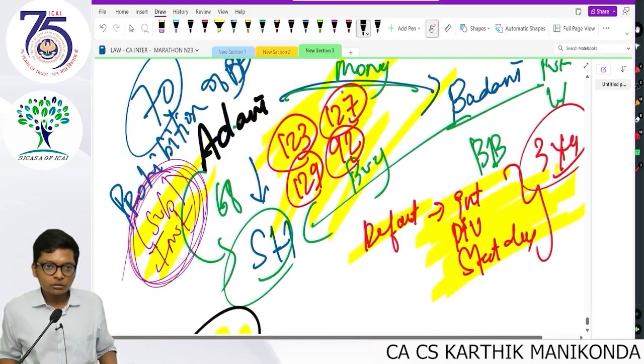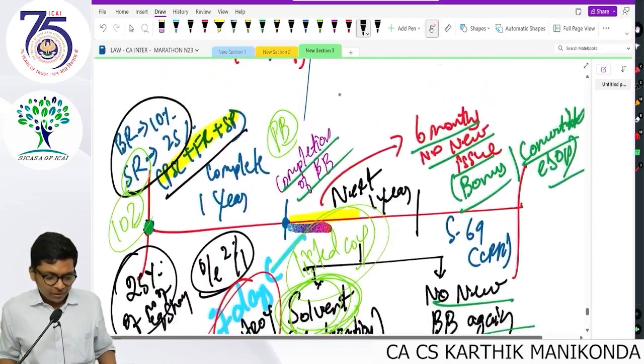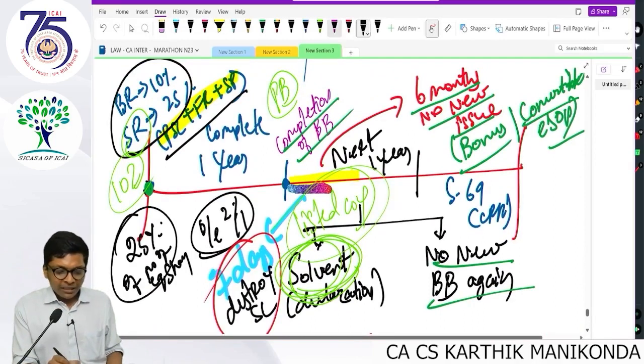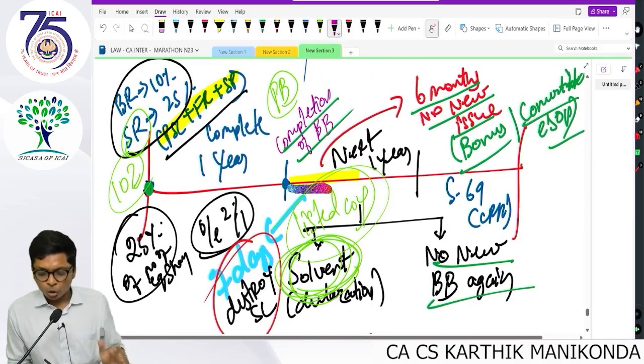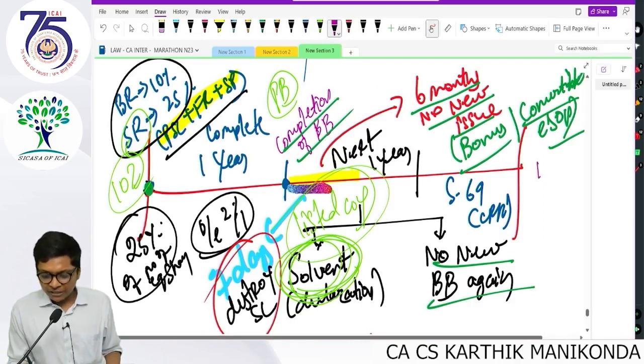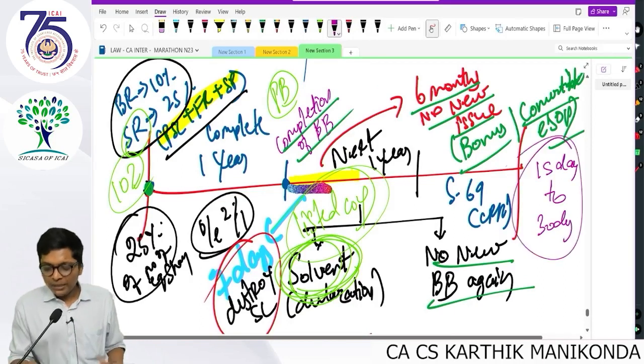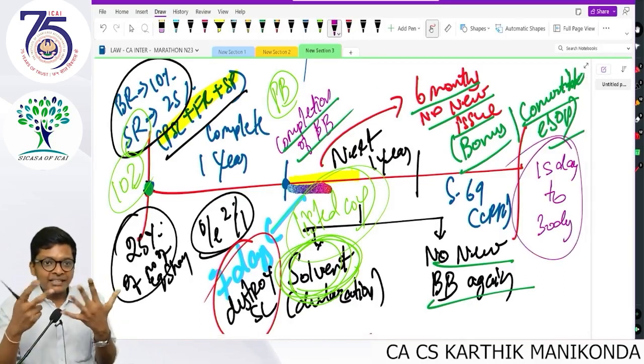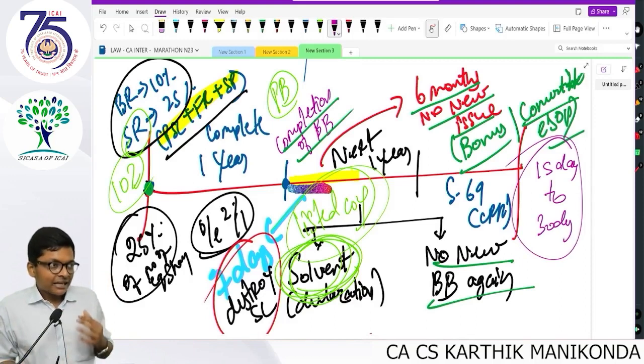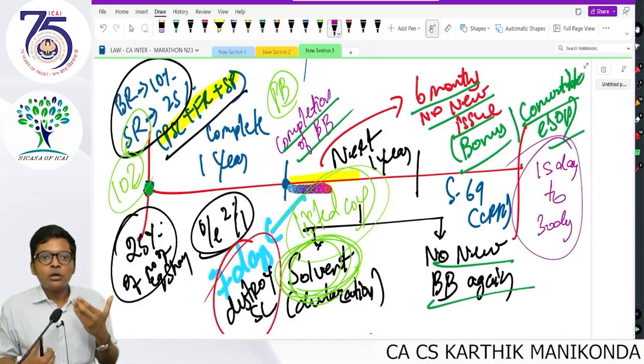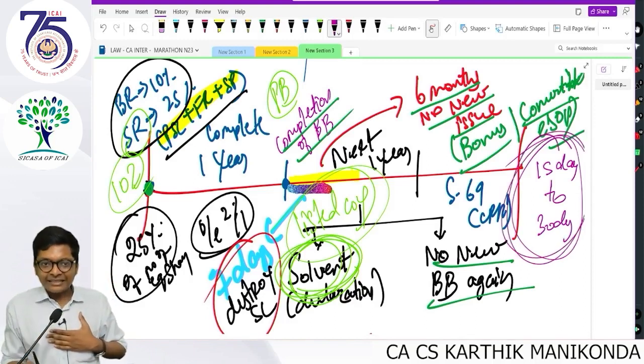Time limit for? Yeah, come back to time limit. Once buyback offer is made to shareholders, they should accept the offer within 15 days to, how in rights we saw 7 days to 30 days. For buyback it is 15 days to, who will decide the exact day?